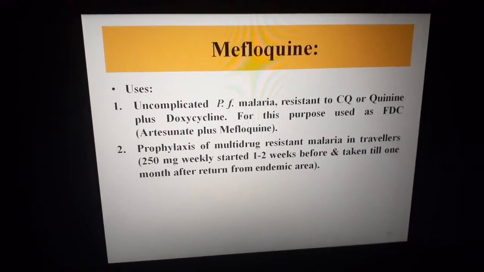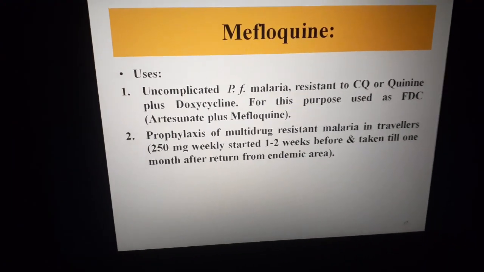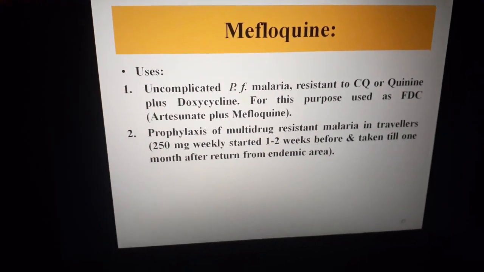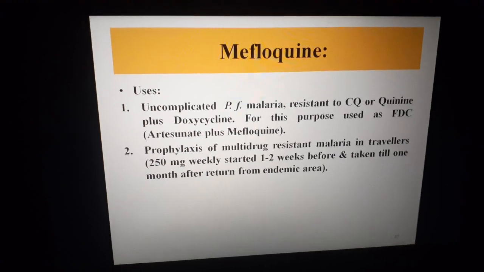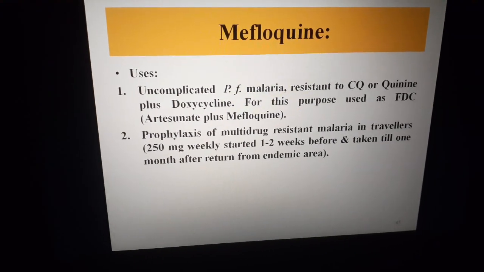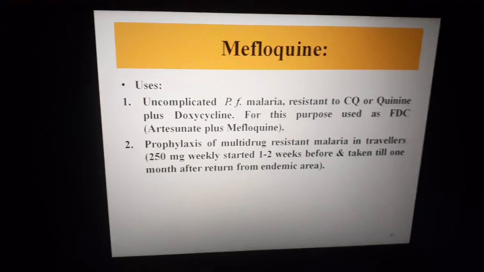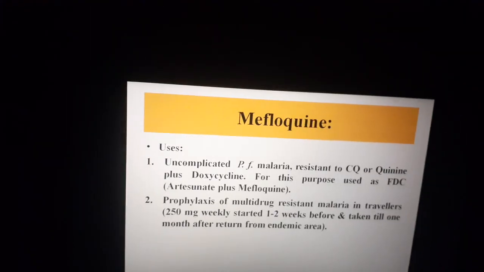So mefloquine is used for prophylaxis of multi-drug resistant malaria in travelers, 250 mg weekly, started 1 to 2 weeks before and taken till 1 month after return from the endemic area. And it is also used in uncomplicated Plasmodium falciparum malaria resistant to chloroquine or quinine. It is used as a combination with artesunate, so artesunate plus mefloquine. It is used as ACT.